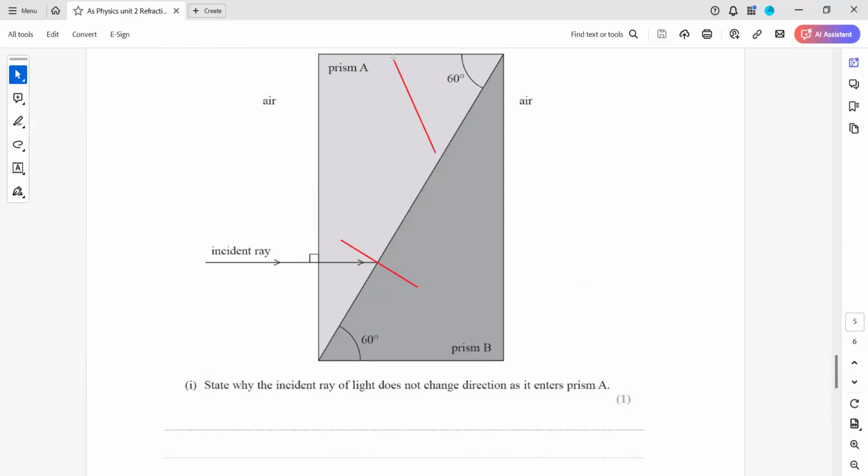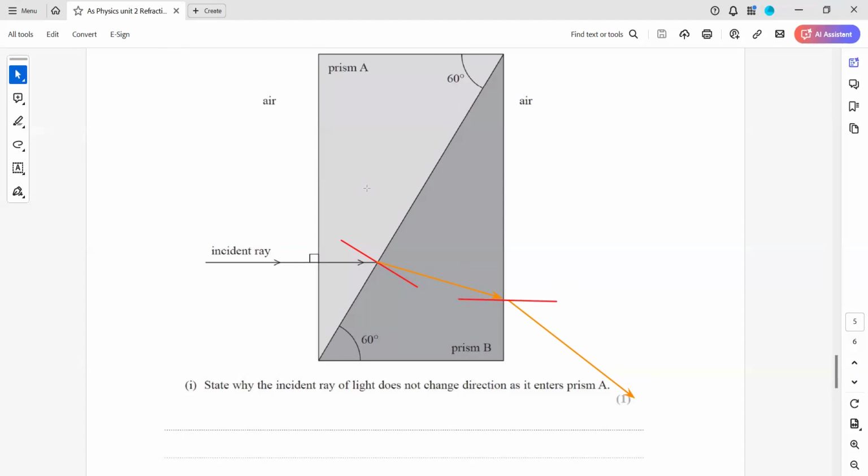It should bend towards the normal in B. And then it will be moving from B to A, and this will bend away from the normal, if you draw the normal here.